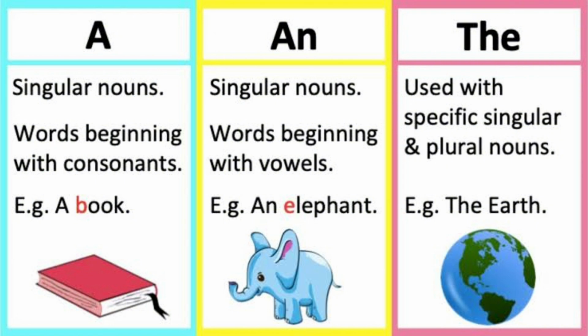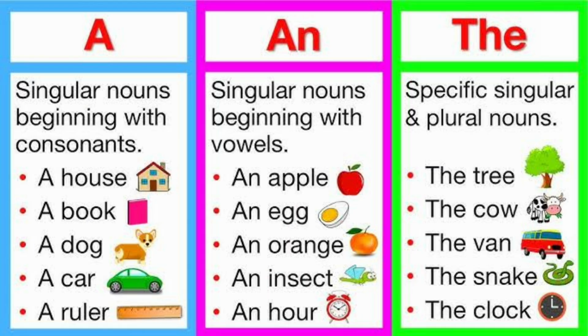Key rules for using article adjectives. 1. Definite article, the. Used when the noun is specific or already mentioned. Example. The moon looks beautiful tonight. Refers to a unique noun, moon. 2. Indefinite articles, a, an. Used for non-specific or general nouns.